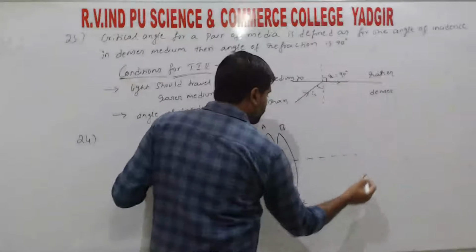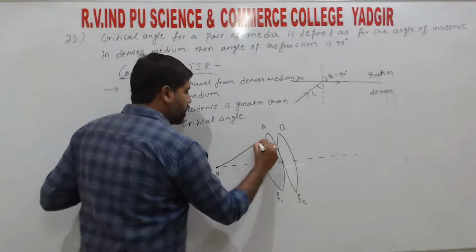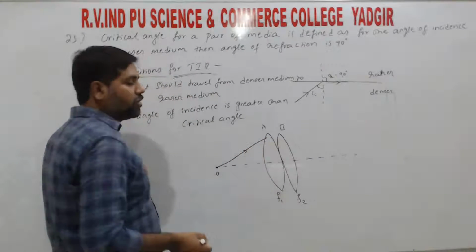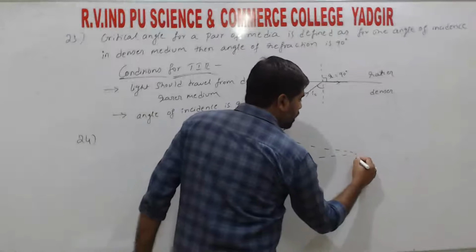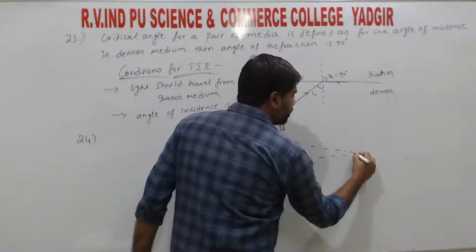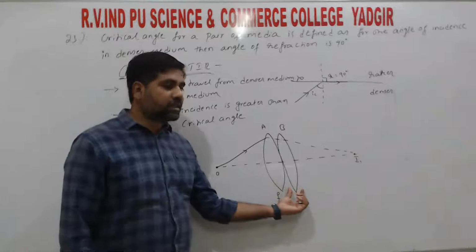So this is the principal axis. When the ray of light is incident on the first lens, it forms the image at I1. So this I1 acts as the virtual object for the second lens.